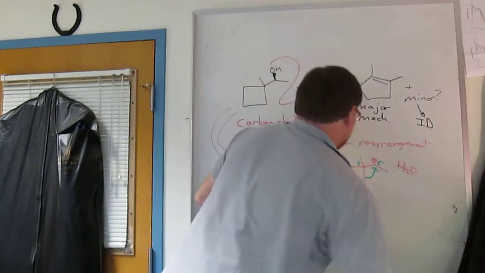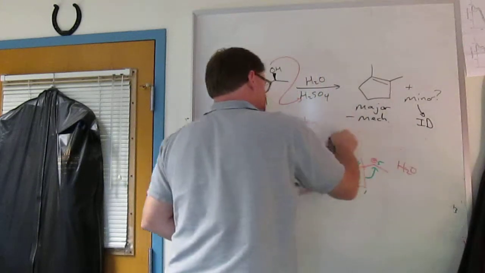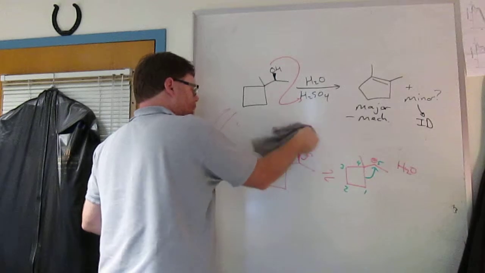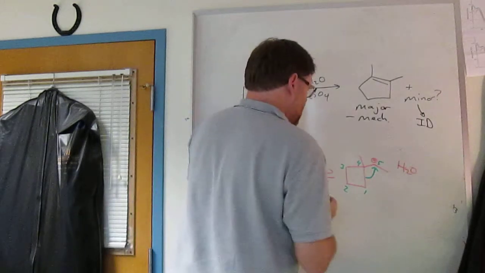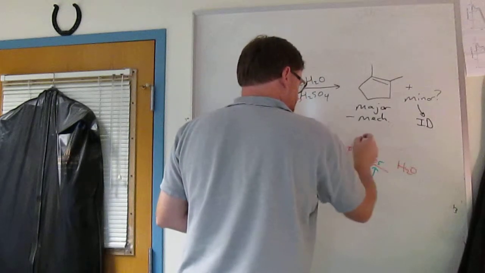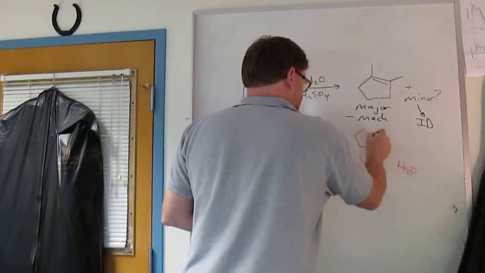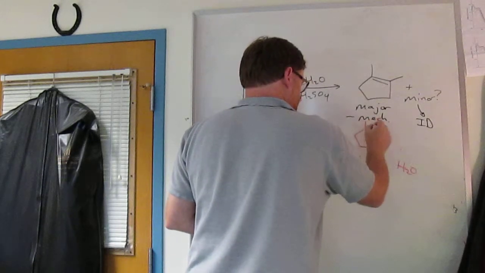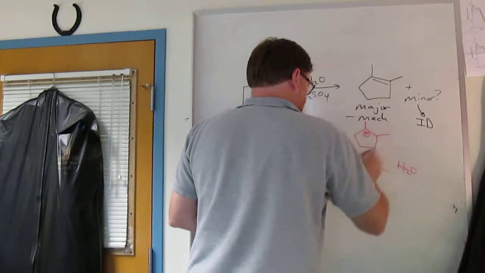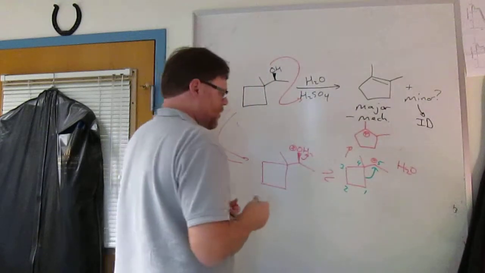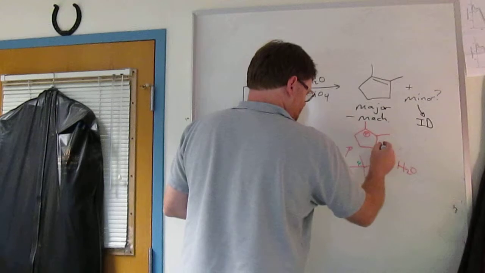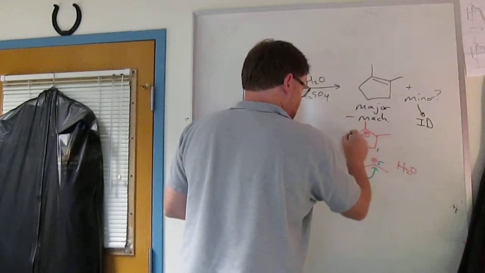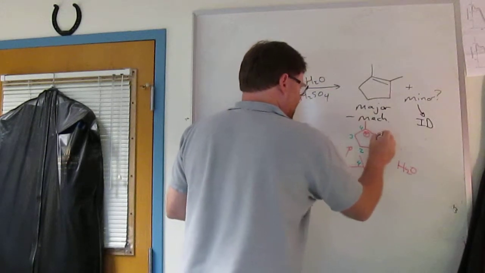So I'm going to erase some of my writing here. Okay, so this will give us a 5-membered ring now. Let's do the numbering again: 1, 2, 3, 4, 5.